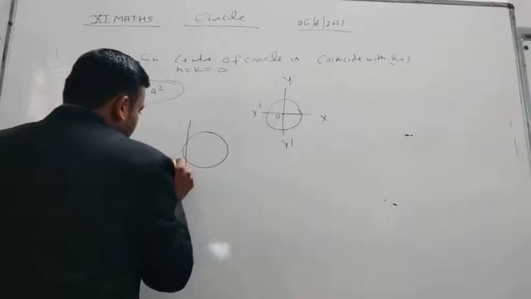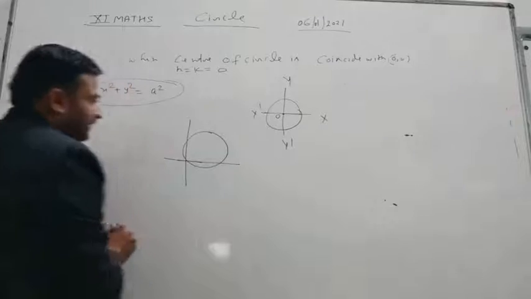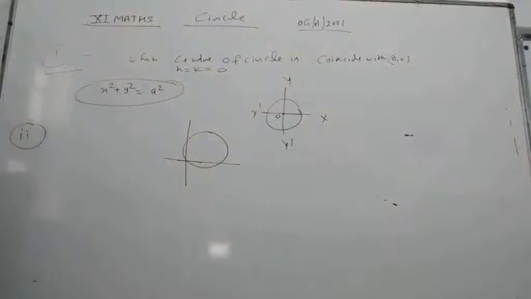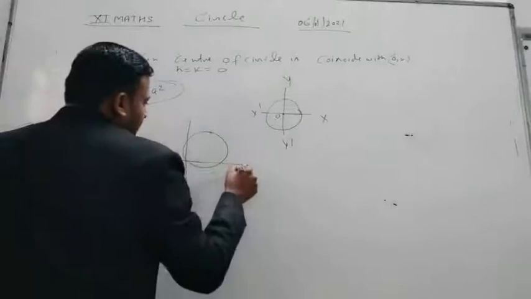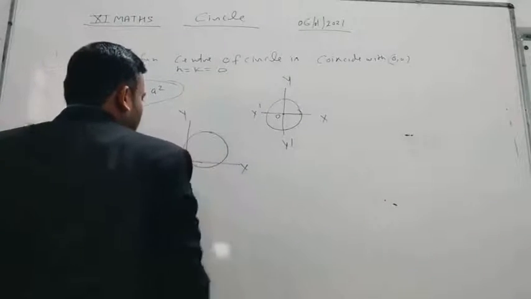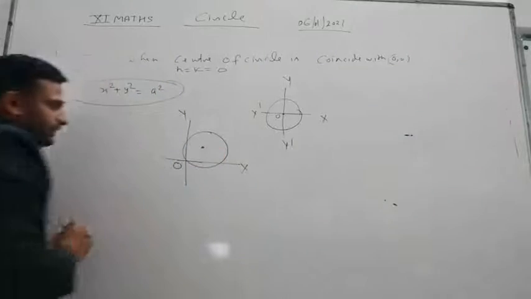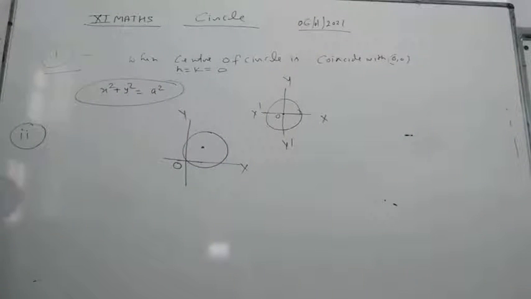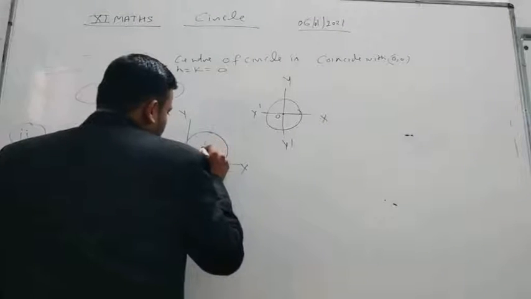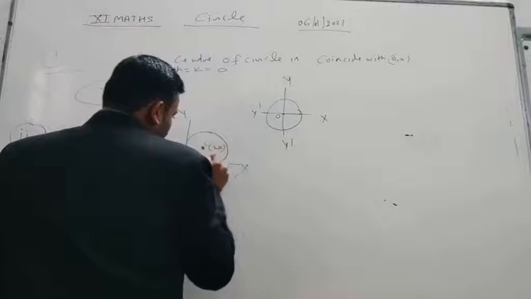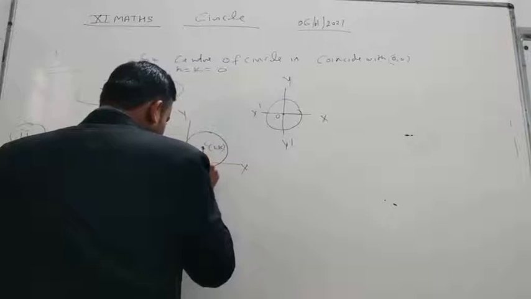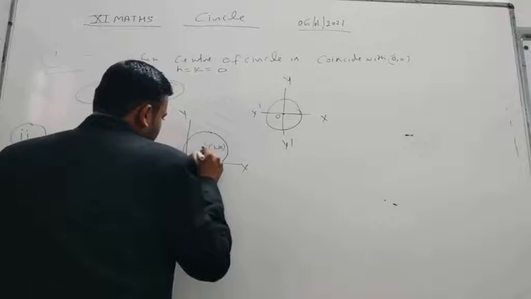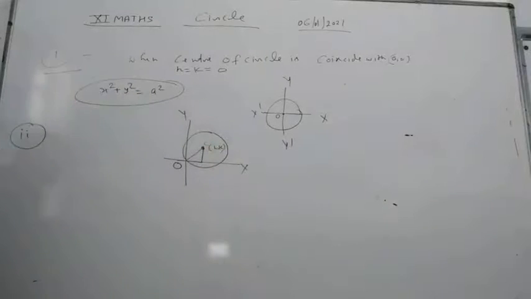We will make such a type of equation. This is our origin, this is the x-axis, this is the y-axis, and here is the center C, whose coordinates are (h, k). The radius of the circle is a.